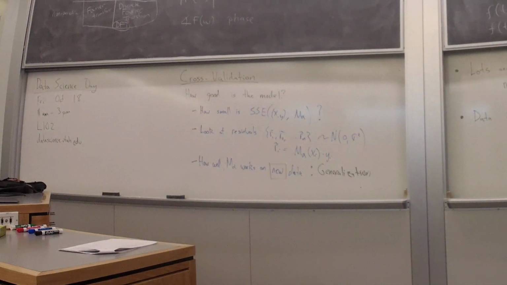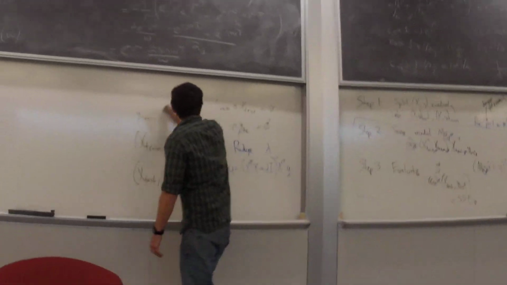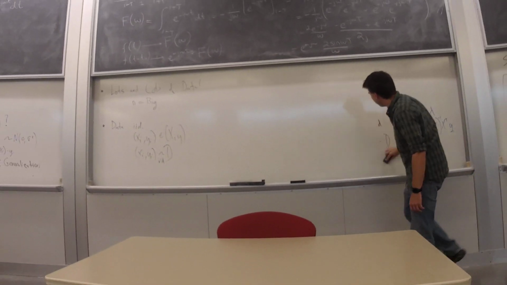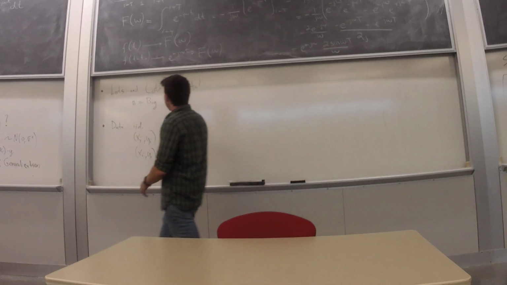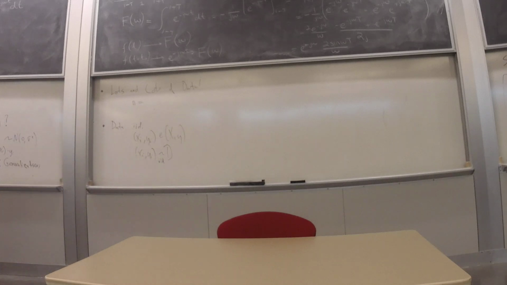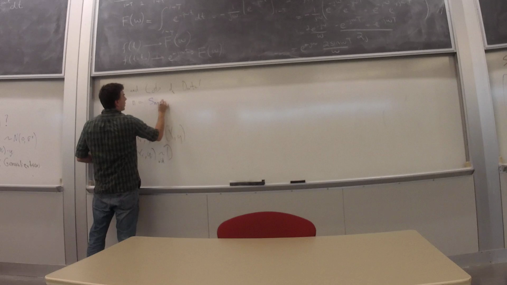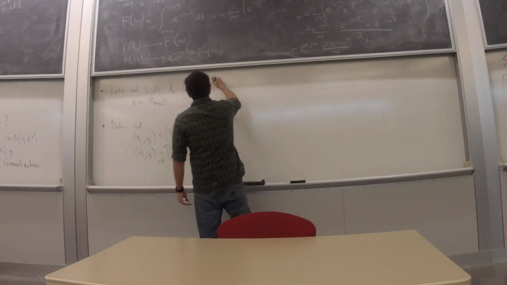Right, so now assume I want to do something similar. I want to do something like cross-validation, but n is small. So instead of n big, I want to say n is small. I want to use as much training data as I can in order to build my model.